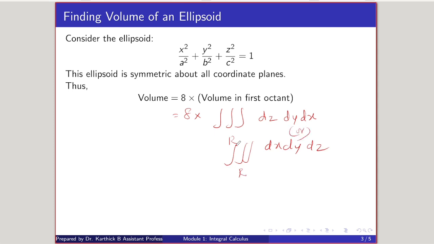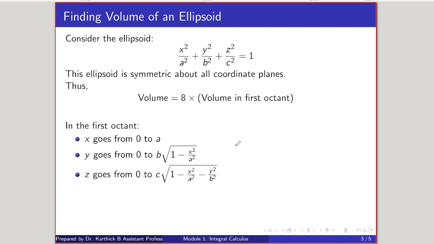First, we will solve this problem over the region with the order dz dy dx. So first we will find the limits of z. How do we find this?